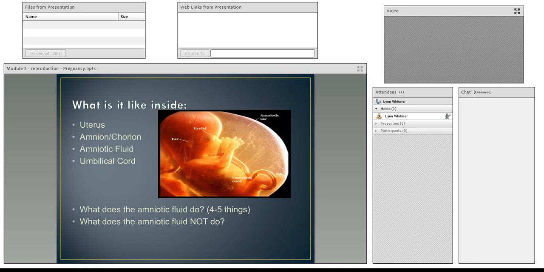Remember that the umbilical cord has 3 vessels, 2 arteries and a vein, and it is protected by Wharton's jelly. It's a jelly-like substance that cushions each of those vessels so they don't get crushed together or get restricted by activity or holding on or the tangling of the cord.